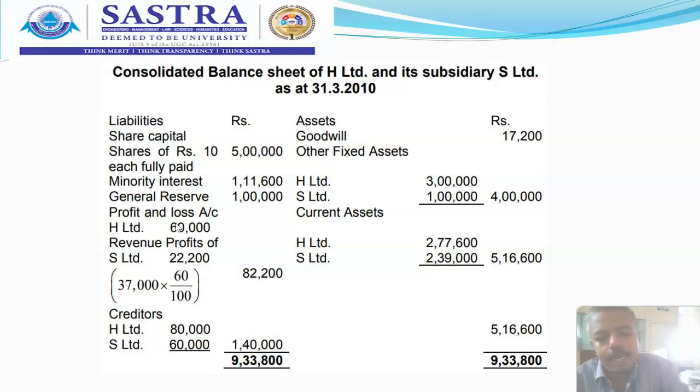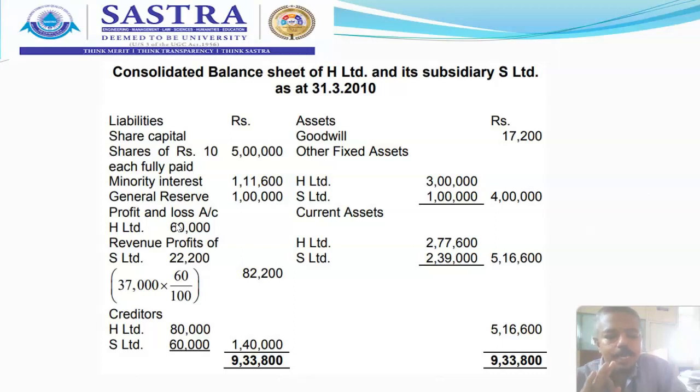Creditors as usual can be added. So outside liabilities as well as the assets we can add as they are. Put up minority interest and goodwill, and put up the revenue profit portion related to H Limited. That's it. Only 4 changes we have made. All other things we have added together. Goodwill is posted on the asset side, minority interest on the liability side.